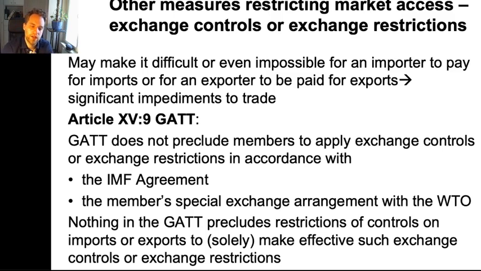That's why in GATT Article 15, paragraph 9, GATT members are allowed to apply exchange controls or exchange restrictions, but they have to respect the rules of the IMF agreement, and any WTO member has a special exchange arrangement with the WTO that also needs to be upheld whenever applying exchange controls or exchange restrictions.